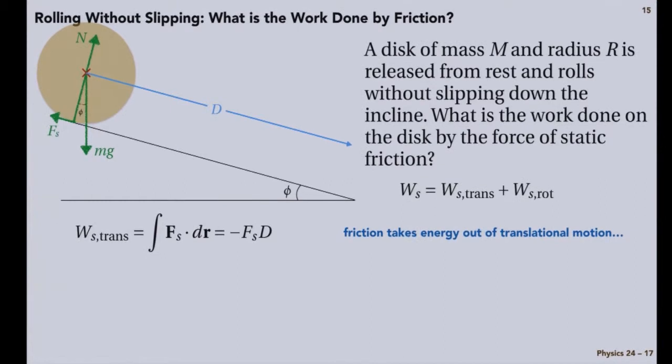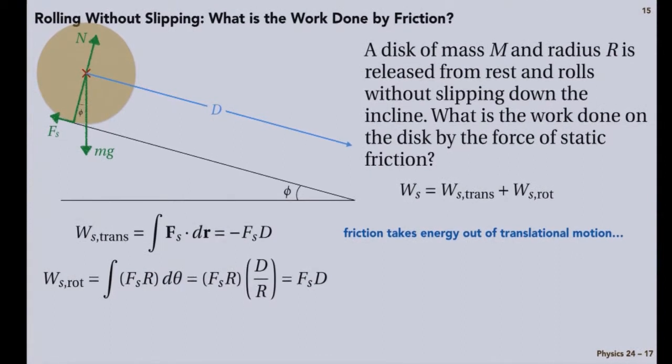But now let's consider the rotational work. The work done by static friction on rotation, according to the expression here, is the torque multiplying the change in angle.